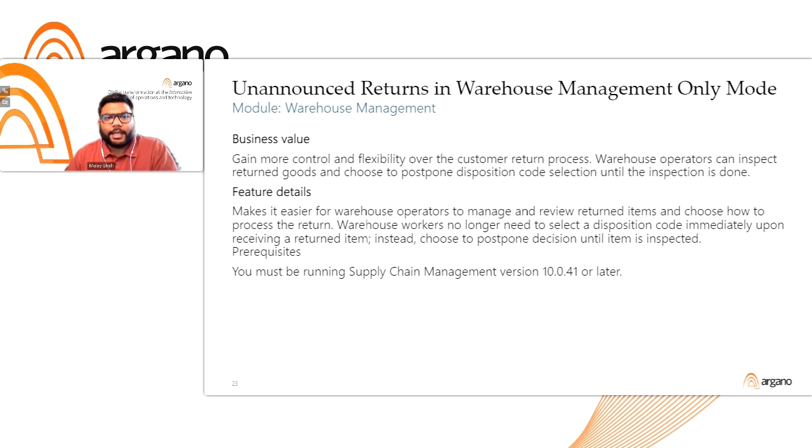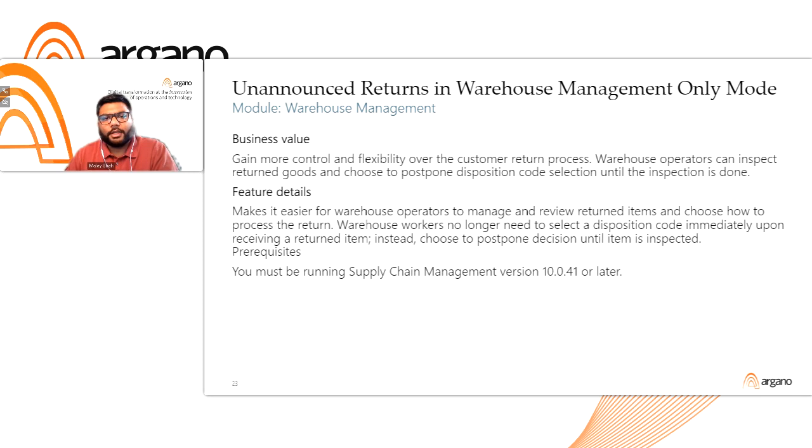It allows you to gain more control and flexibility over the customer return process. A warehouse operator can inspect and return goods and choose to postpone disposition code selection until the inspection is done. This makes it easier for the warehouse operator to manage and review returned items and choose how to process the return.